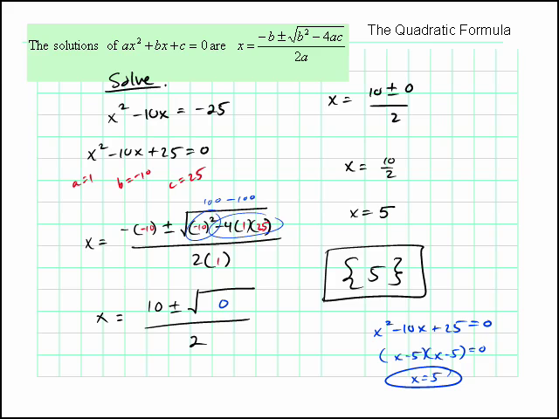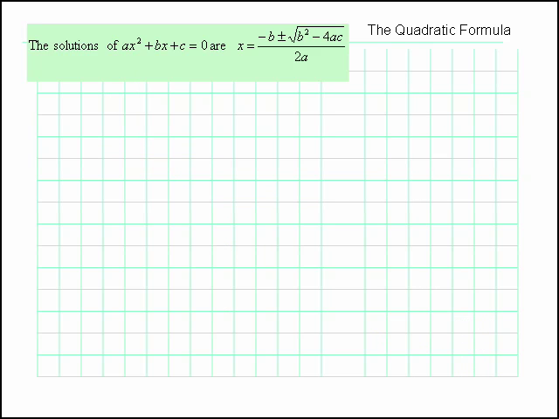Let's look at this one now. 4r squared equals 8r minus 1. Okay. Once again, as our first step, we're going to move everything over so that the equation is equal to 0, like that. a is 4, b is negative 8, and c equals 1.